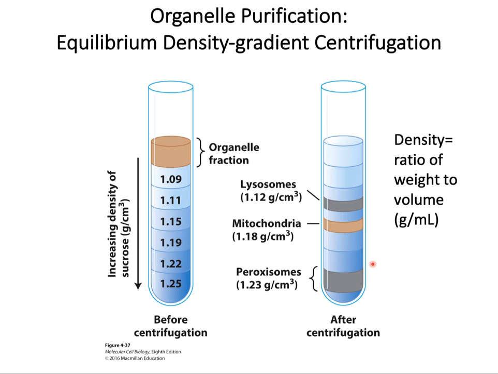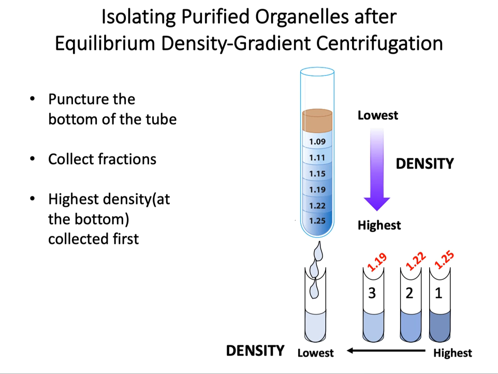In this example, the lysosomes will end up at 1.12 grams per ml, mitochondria will end up at 1.12 grams per ml, and peroxisomes will end up at 1.23 grams per ml. So how do you isolate these purified organelles from the gradient? You start by collecting the fractions or layers from the bottom of the gradient.